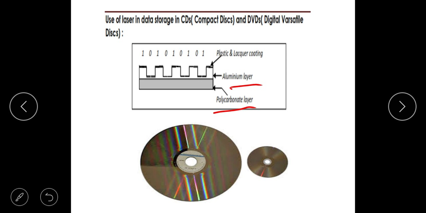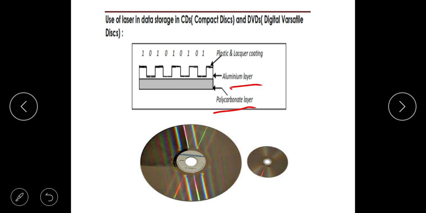Now, the storage of data using a laser beam is done by burning. Wherever the laser burns, as I have shown here, that is called a pit. Wherever it is not burnt, it is called a land.